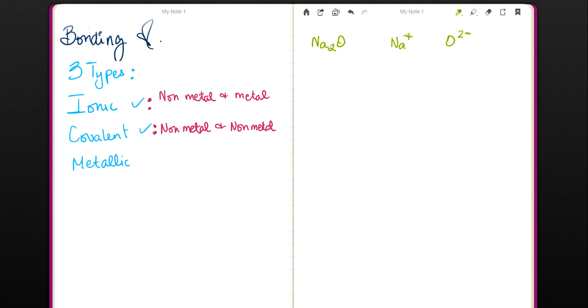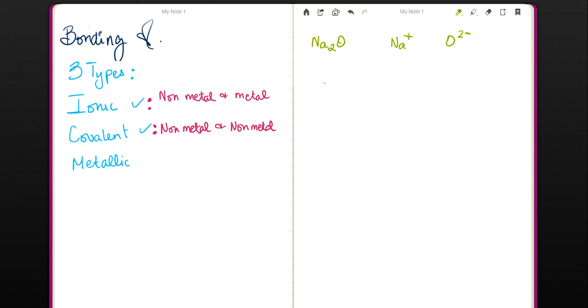These charges simply mean that if you have a plus, the species has lost electrons, and if you have a minus, it has gained that amount of electrons. So a plus means you have lost 1 electron from sodium, and with oxygen, since you have a minus, you will gain 2 electrons. That makes your whole attempt to do this question much easier now that you know what the signs mean.